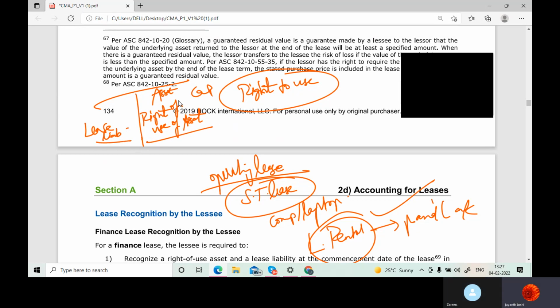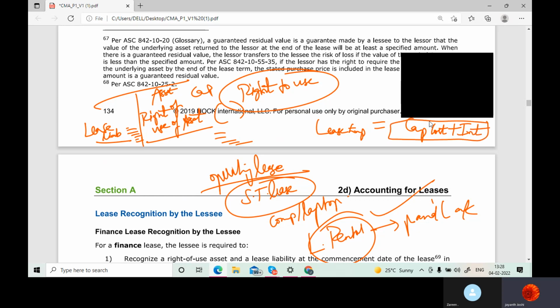So slowly, steadily what happens? The asset you are showing in your balance sheet, you are deriving economic benefits out of it, so it will get depreciated. And here you will be making the payments, correct? So the liability will also come to an end at the end of the asset's life, correct or wrong? Yes, sir, correct. So your lease expense would be a combination of capital cost, which is depreciation, plus the finance cost, which is interest.